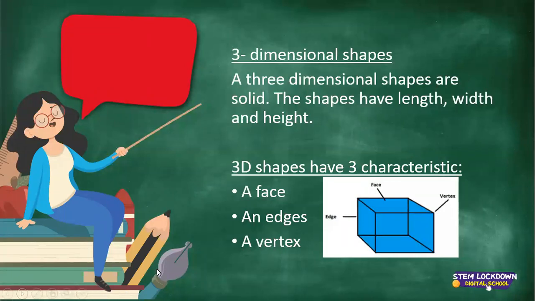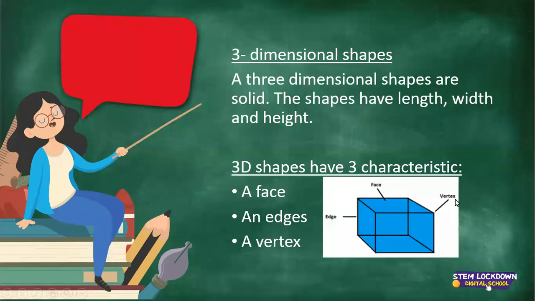If you're looking at this image here, it has got pointers. The first one here is edge, and it's pointing right to this line. If you can see that it is pointing straight to this line, that is an edge. The face is pointing to this surface here, which is the flat area, which is the face.